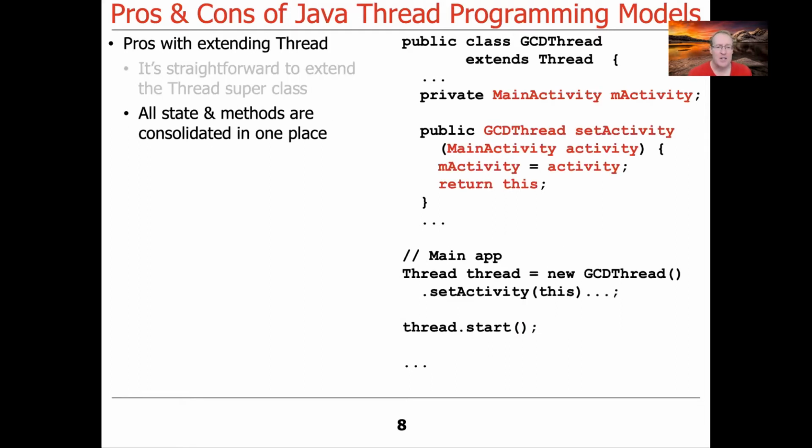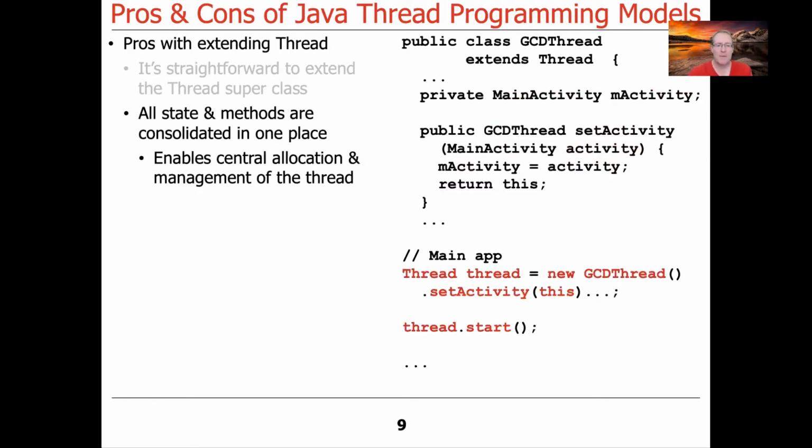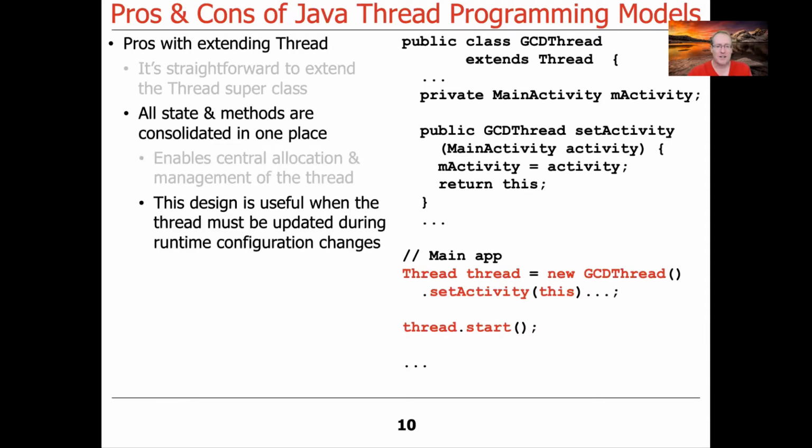All the state, all the extra methods, constructors, and any accessor or mutator methods you might need are all conveniently consolidated in a single place in the program. And this allows nice central allocation and management of the thread. So you can see down here, we can make ourselves a new thread. We can set the activity. We can start it. It's all nice and integrated in one object.